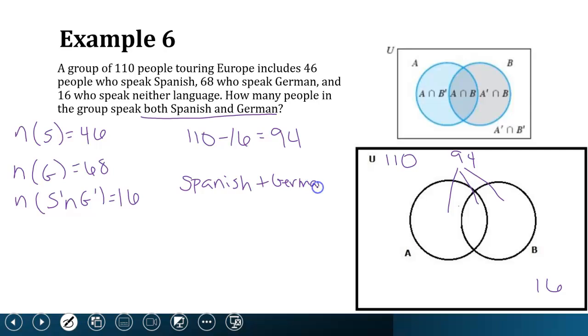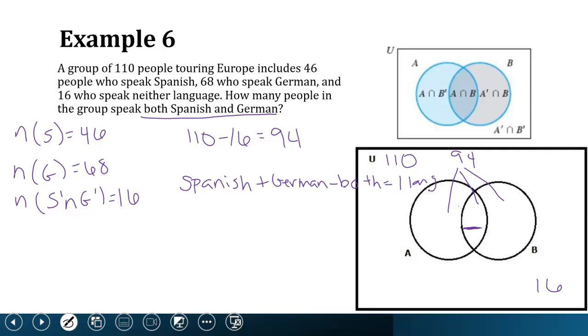Now, the problem with that, as you can remember from previous videos, is that it would include the middle twice, and we only want to include it once. So we'll need to subtract the both, and that equals at least one language. That will give us our middle number.